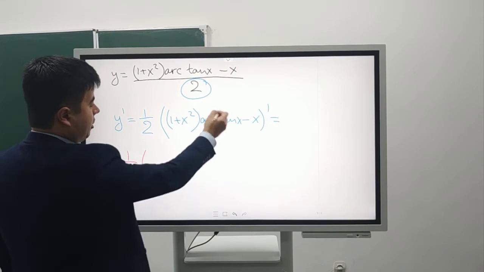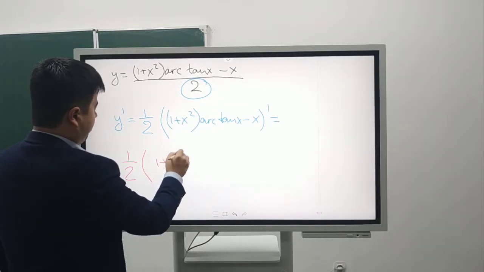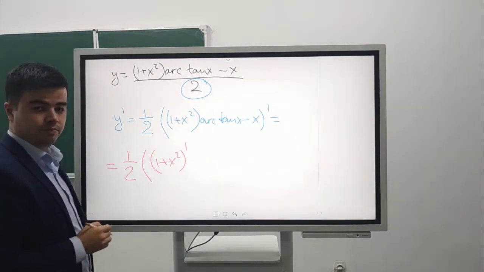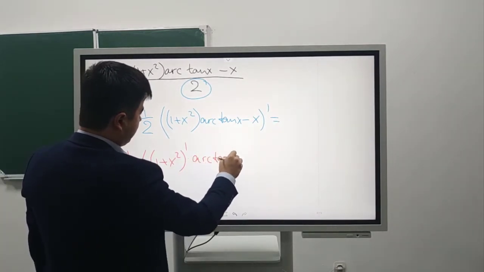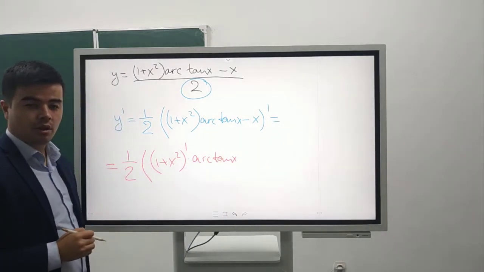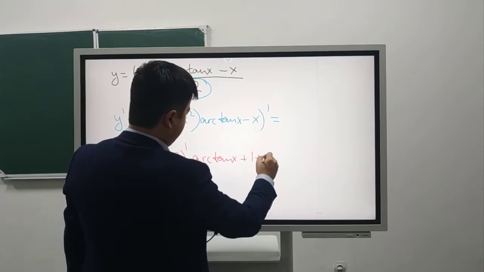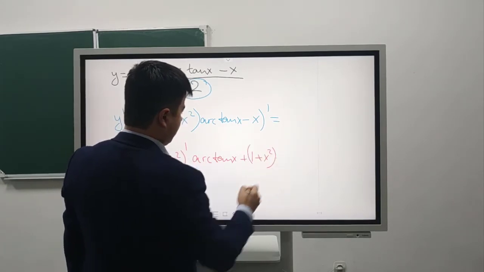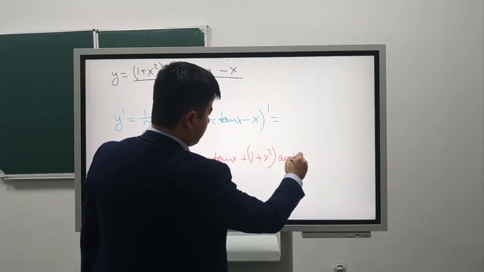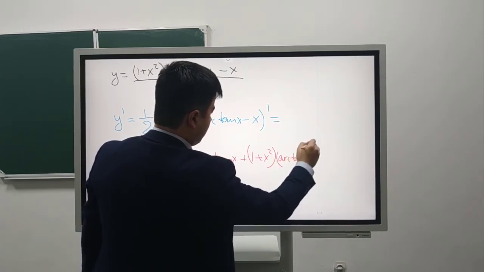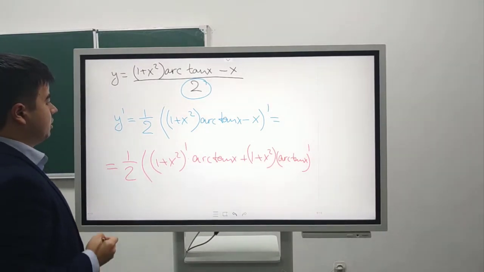Now, the derivative of the product. So it is the derivative of 1 plus x squared times arc tangent x, plus the first function times the derivative of the second function. And now minus.